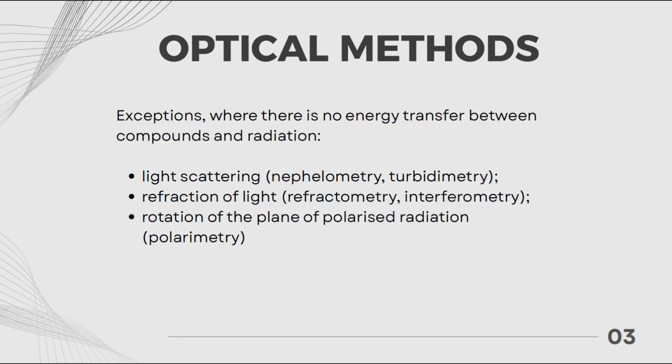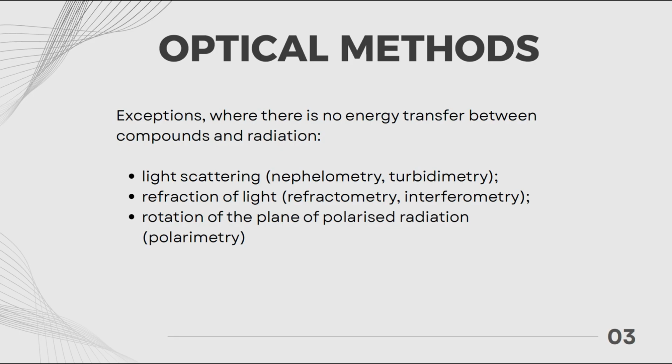We may also speak about refraction of light, which is refractometry, and interferometry. Let me recall that refractometer detectors are employed coupled to some liquid chromatography or electromigration methods. So actually we see some connections to previous lectures.